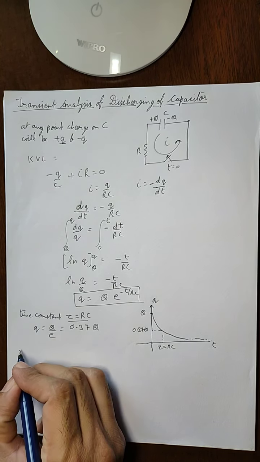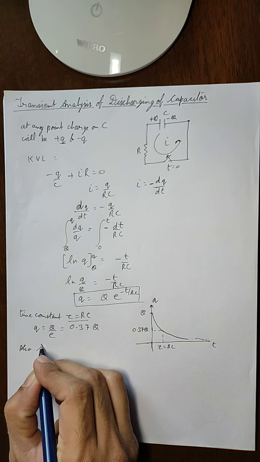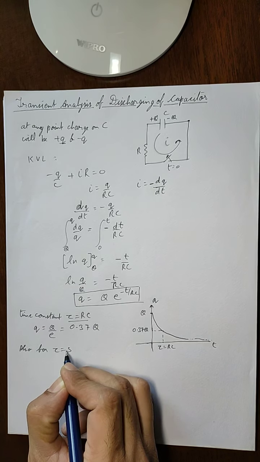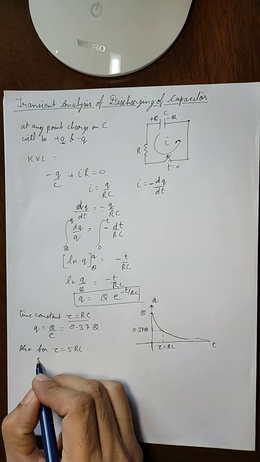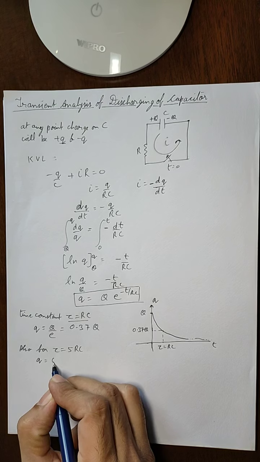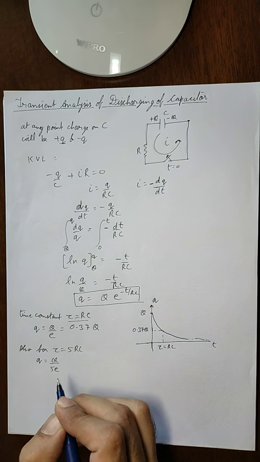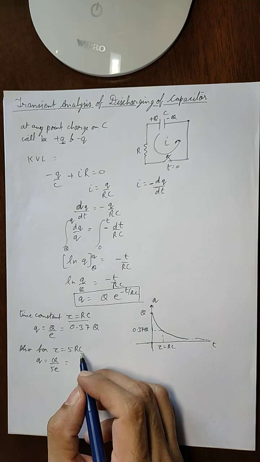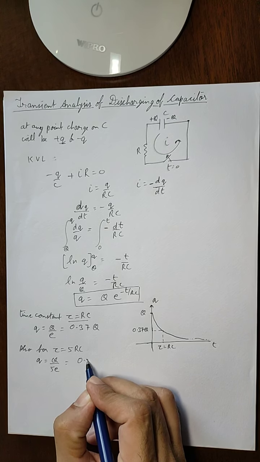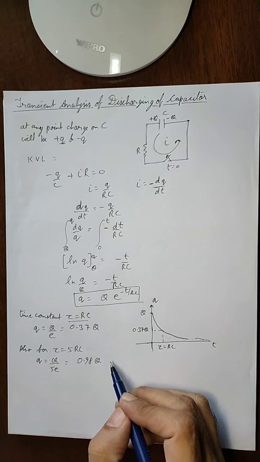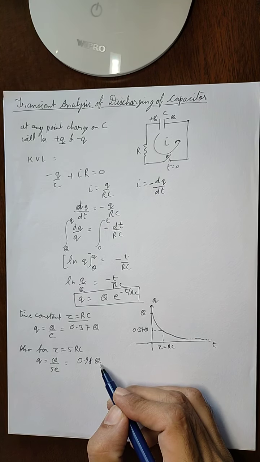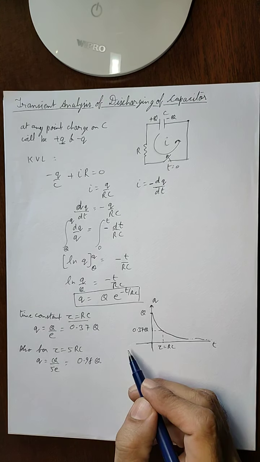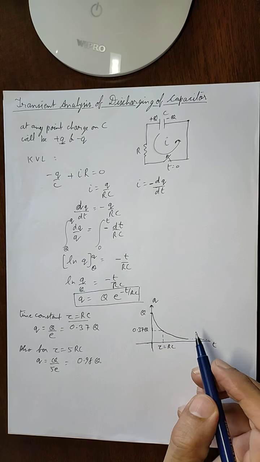And the same we can take for tau equals 5 RC. If we calculate it in the same way, we will get that at this point the capacitor is remaining with only 2% charge, that is, 98% of the charge is lost.